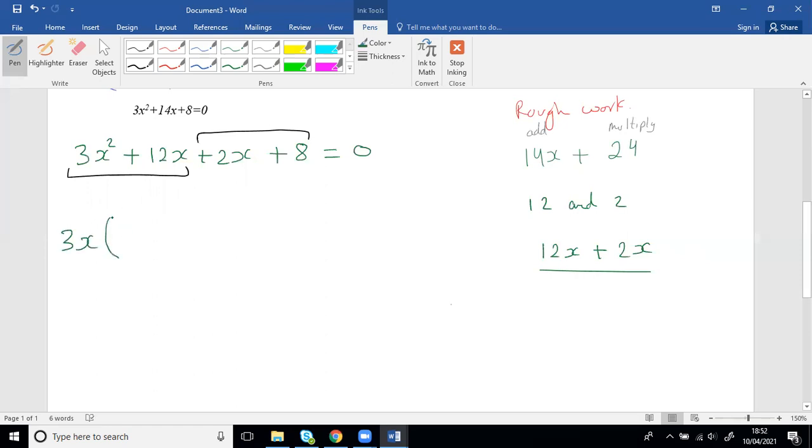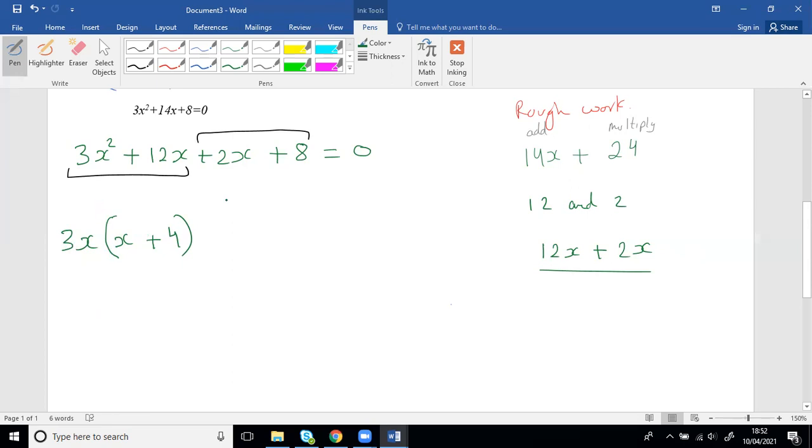I'm going to take 3x out and then open a bracket. I'm going to say to myself, what shall I multiply 3x by so I can get 3x squared? That'll be just x plus. What shall I multiply 3x by so I can get 12x? That'll be 4. Okay, so here you go, that's done.